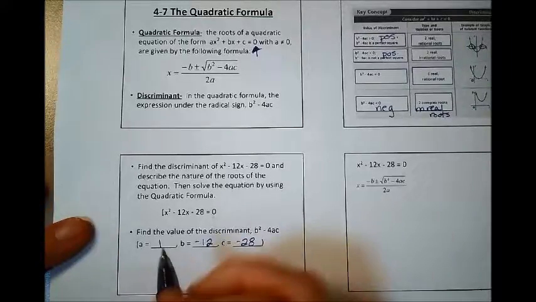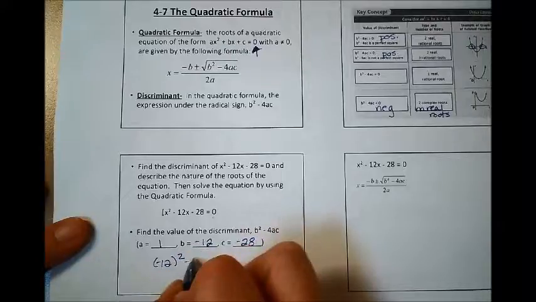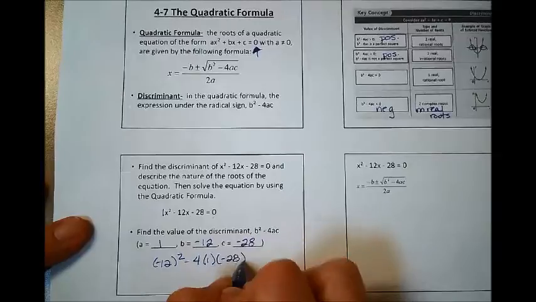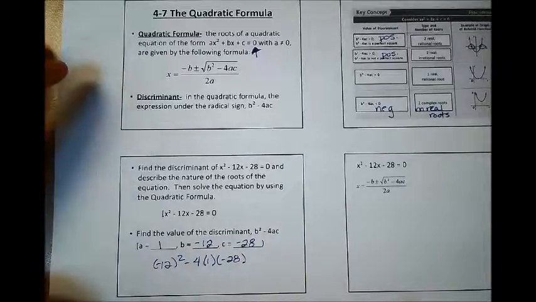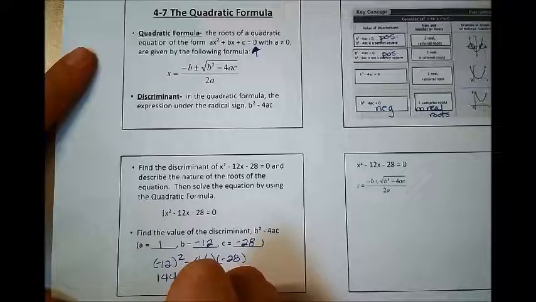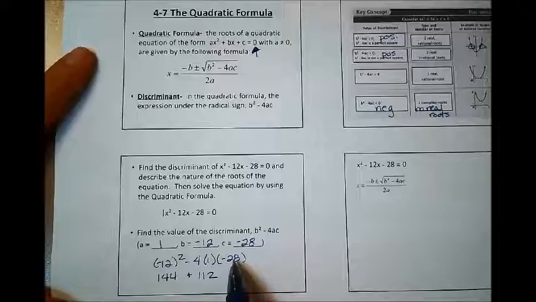So we say b squared minus 4ac equals 144 plus 112, because negative 4 times 1 times negative 28 will equal positive 112.